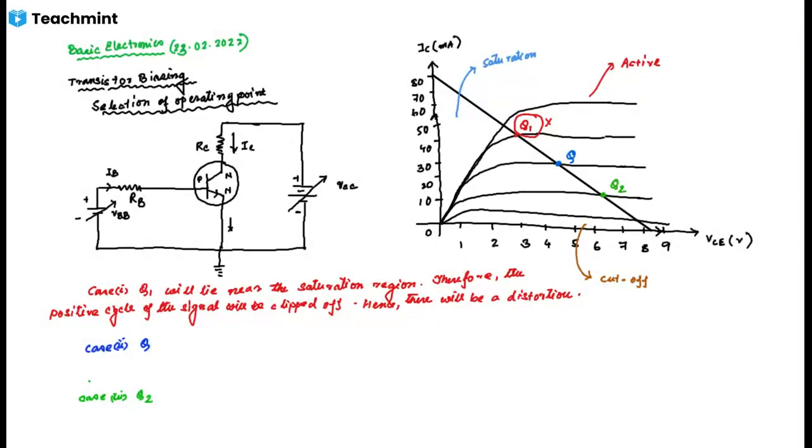So what is the problem of Q2? It will lie near the cutoff region. Therefore, what will happen?